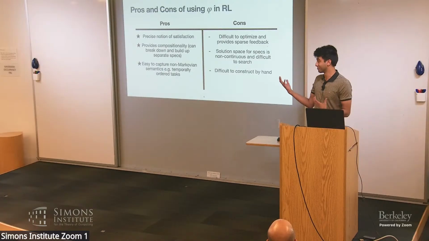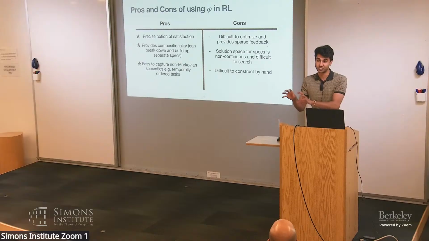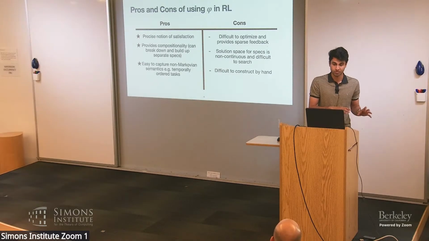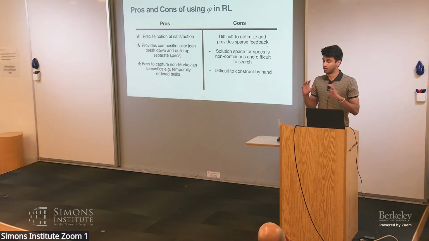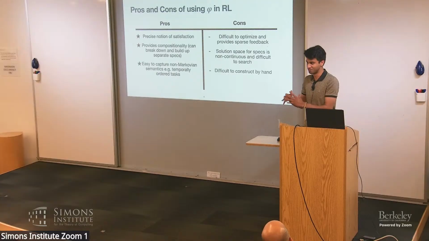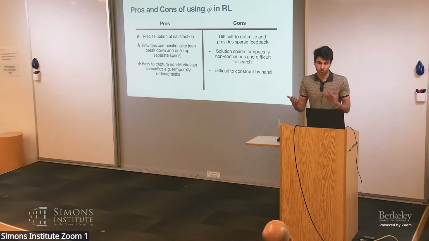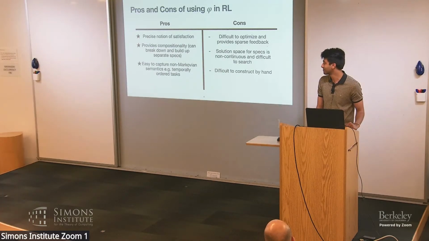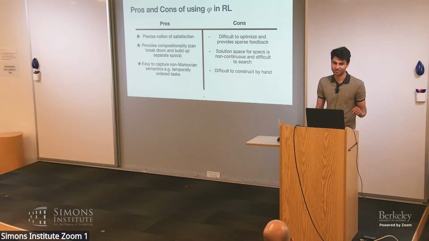For the purposes of this talk, I will talk specifically about when the representation is useful, how the representation enables us to learn things that would otherwise be hard if we were not using formal specs. But in cases where that's not true, it comes down more to how much you care about interpretability and verifiability, which are not part of what I'll be talking about today. But we can certainly continue the discussion at the end.